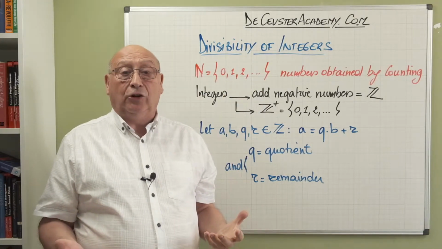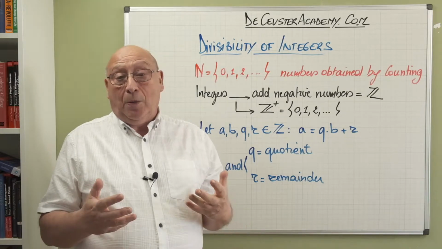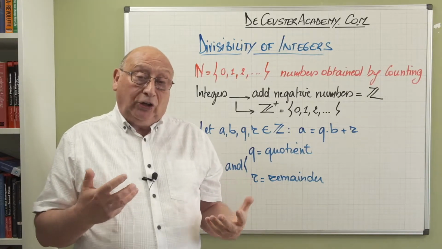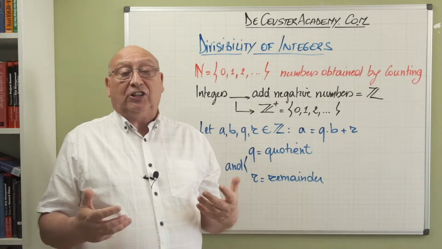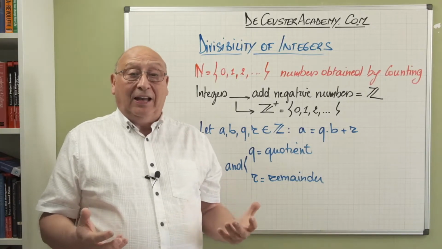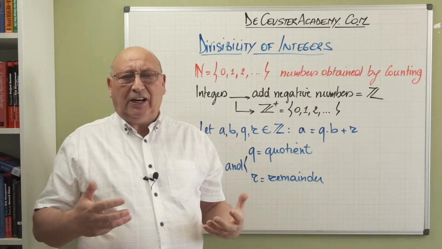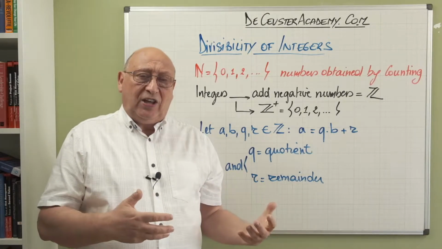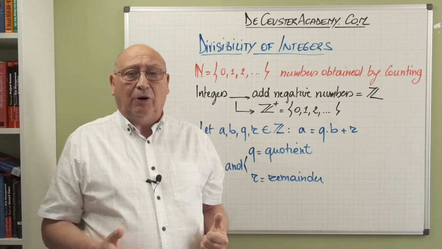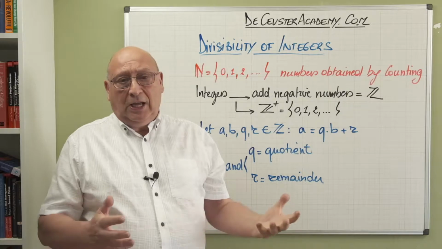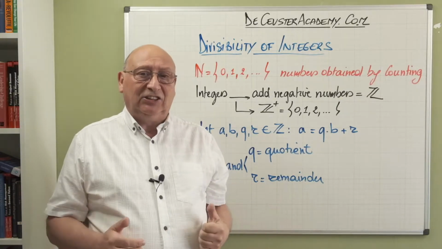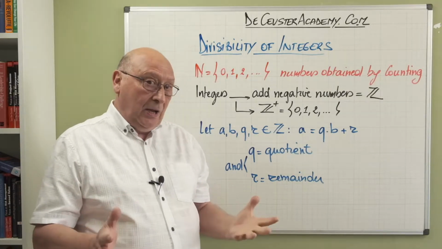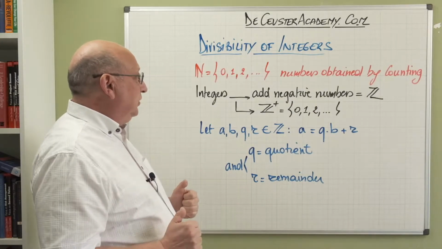You remember those natural numbers were obtained by counting. Originally, the natural numbers started from 1 and later 0 was added. So there are two possibilities: we say the natural numbers start from 1 or start from 0. Basically, we can say they start from 0 now, but originally it was different.